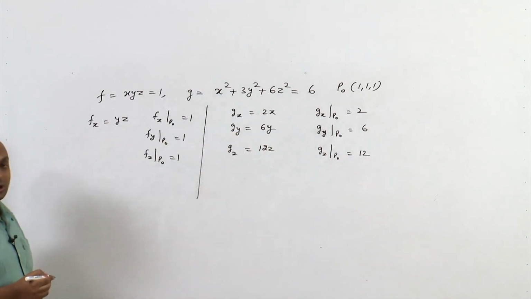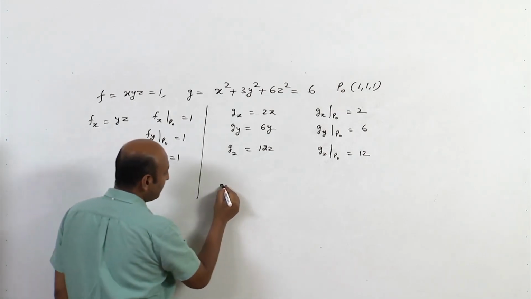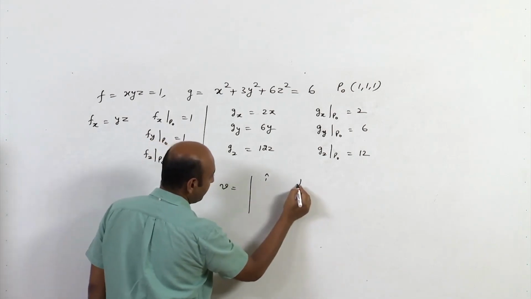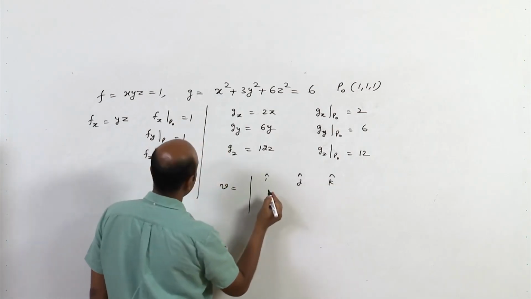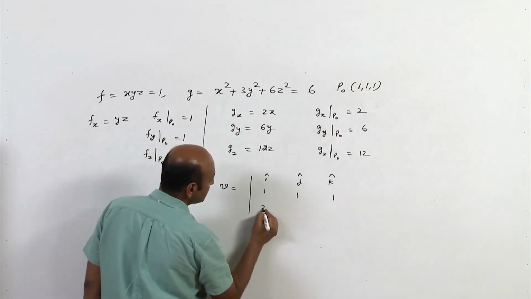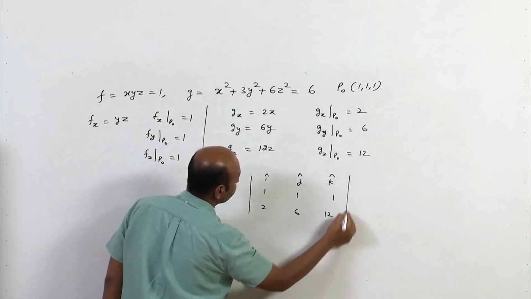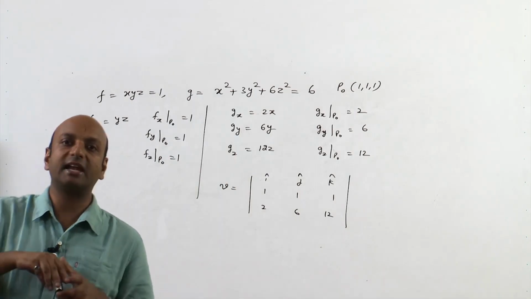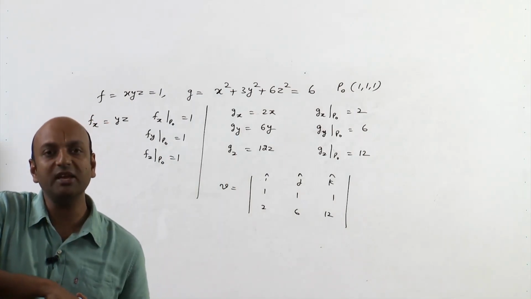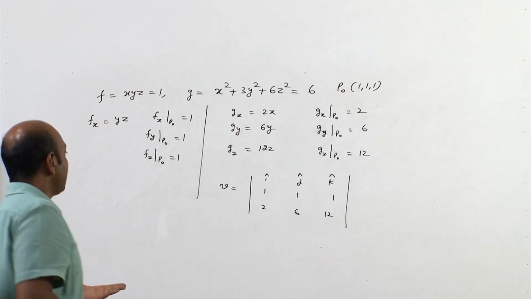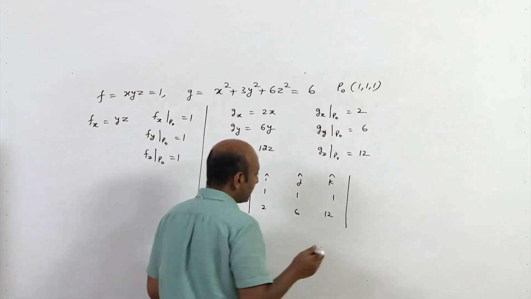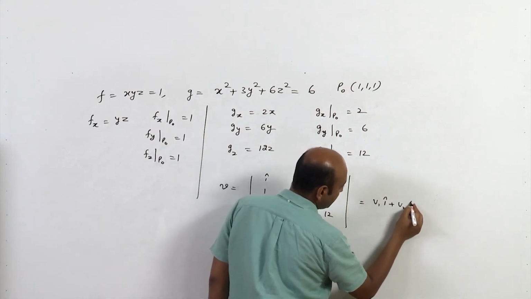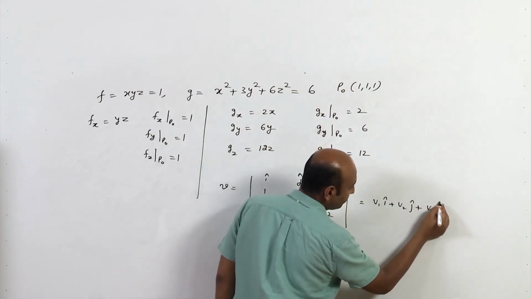Okay. So, how to find V now? V will be equal to the cross product of these two vectors, that is i cap, j cap, k cap; this is 1 1 1, this is 2 6 12. The cross product of gradient of f at P naught and gradient of g at P naught will be V. So, suppose this vector is V1 i cap plus V2 j cap plus V3 k cap, that we can easily find.